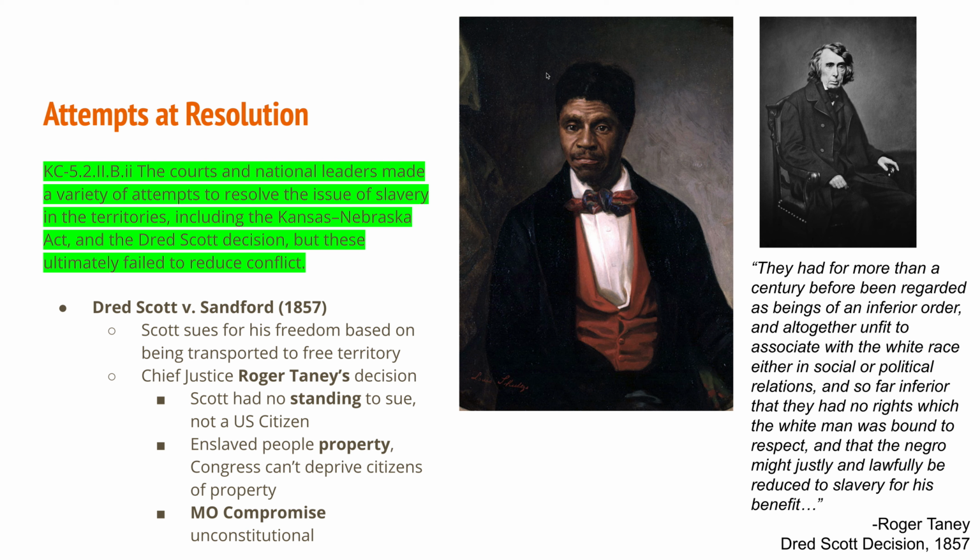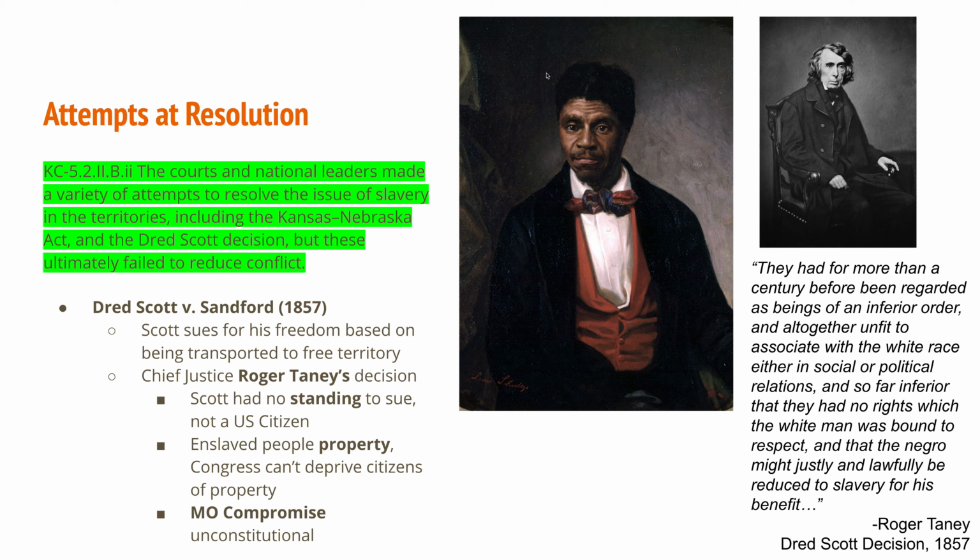On the right side here, you see an excerpt from the decision. Taney says they, referring to enslaved people, had for more than a century before been regarded as being of an inferior order and altogether unfit to associate with the white race, either in social or political relations, and so far inferior that they had no rights which the white man was bound to respect, and that the Negro might justly and lawfully be reduced to slavery for his benefit.